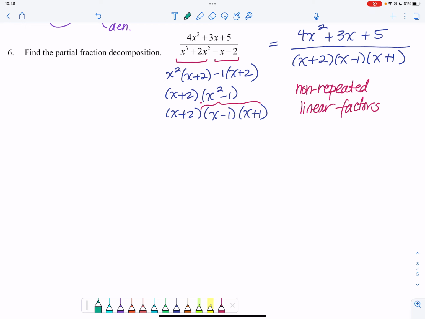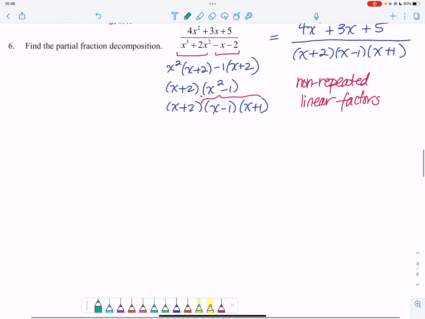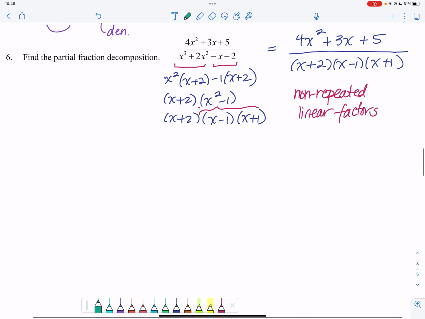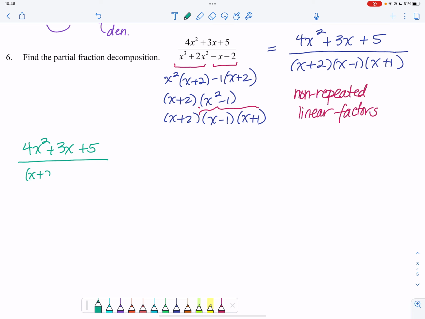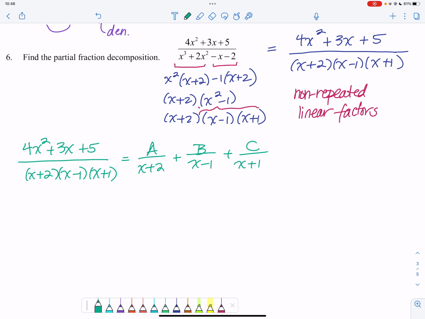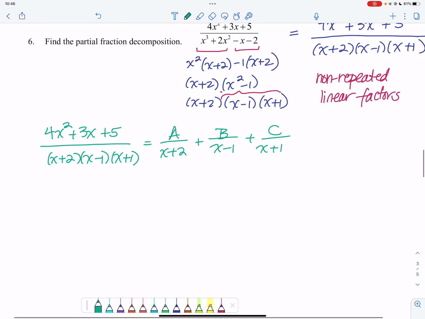It's the simplest of the decomposition. So we say that 4x squared plus 3x plus 5 divided by x plus 2, x minus 1, x plus 1 is equal to A over x plus 2 plus B over x minus 1 plus C over x plus 1. We're making that statement.